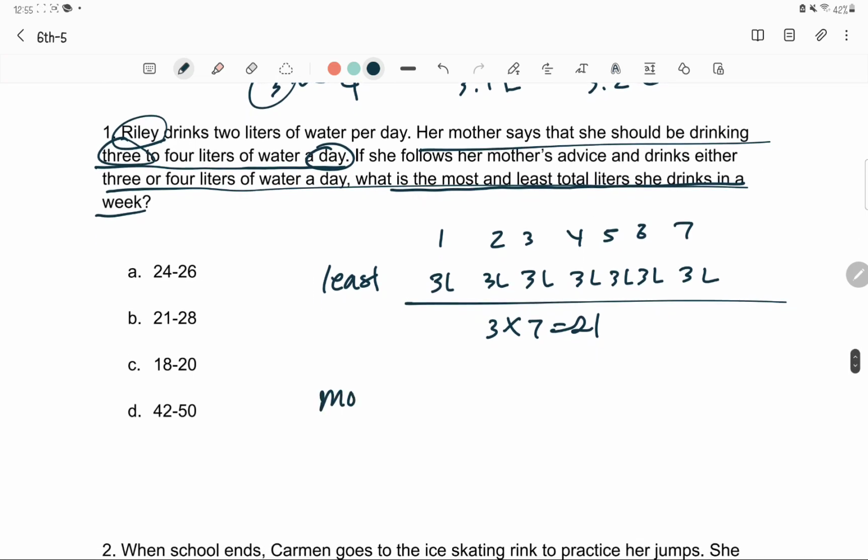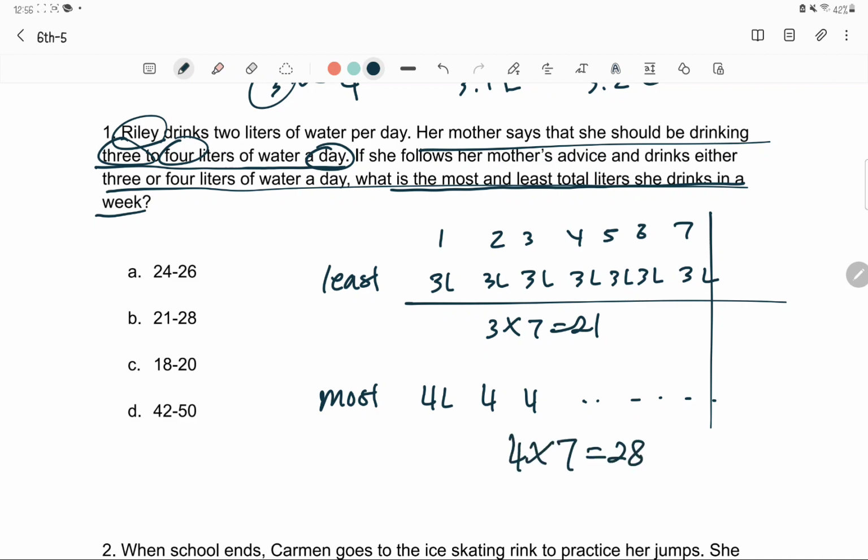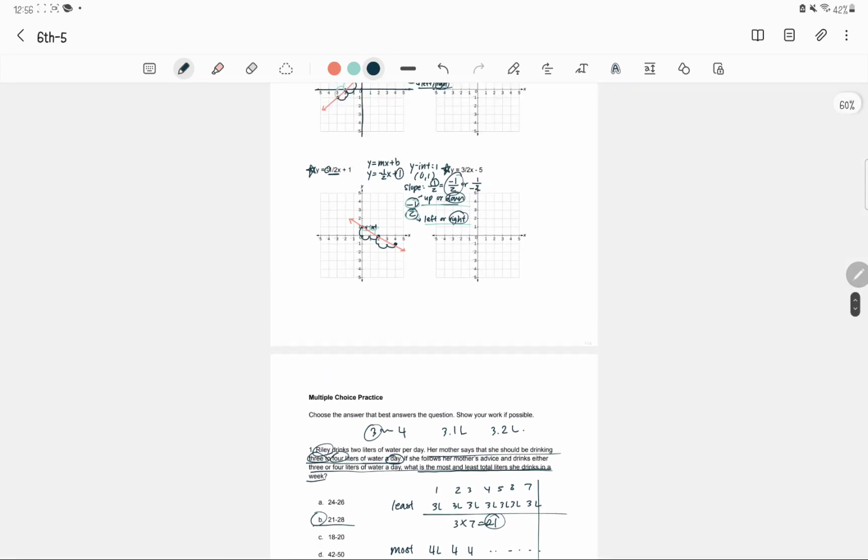And the most is that she drinks 4 liters every day, for a week. So it's 4 times 7, which is 28. This is the least amount of water, and this is the most amount of water. So the answer is B.